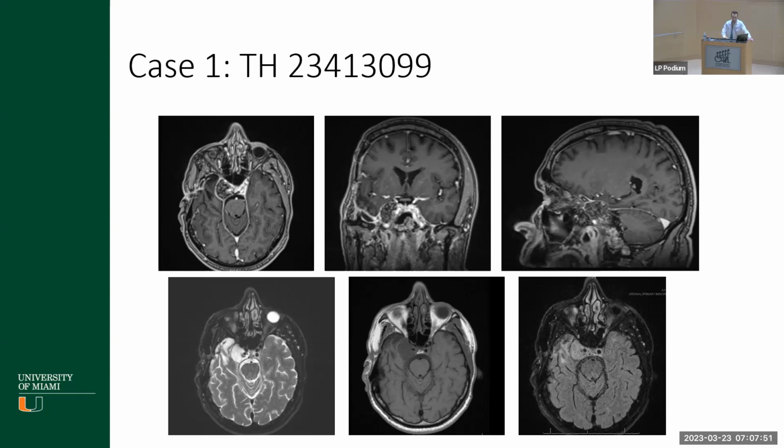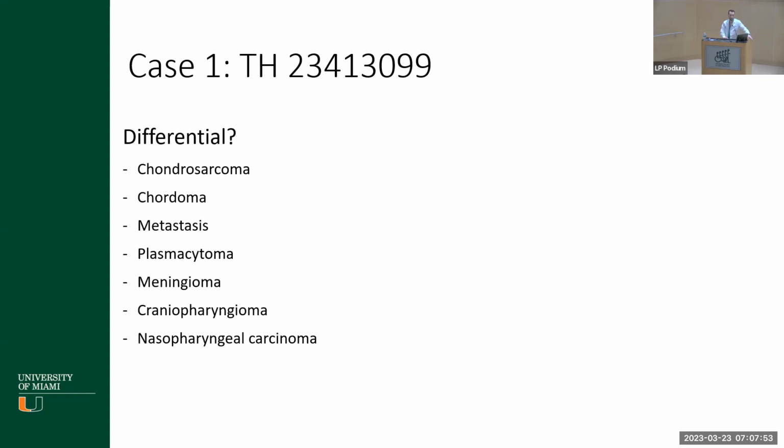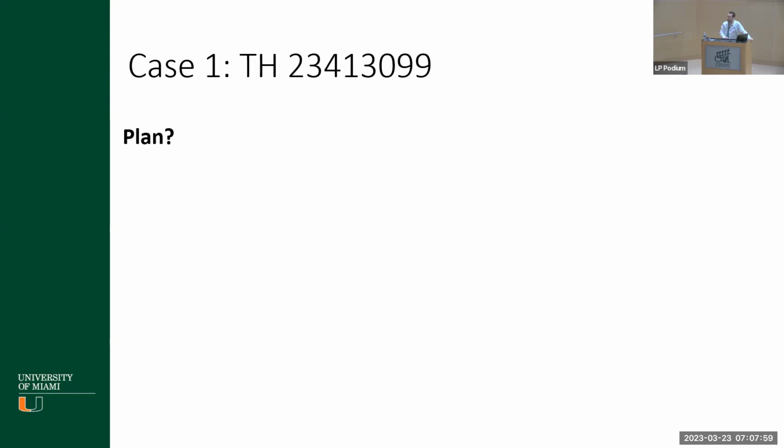Yeah, that's good. So just making it even broader, you hit, I think, the big ones. So what would you want to do for this? New symptoms, prior treatment, now new symptoms, enlarging tumor.